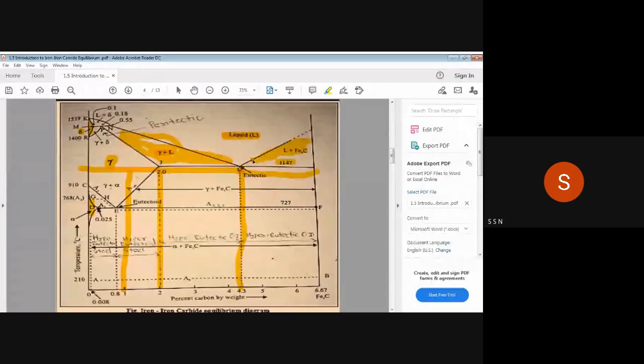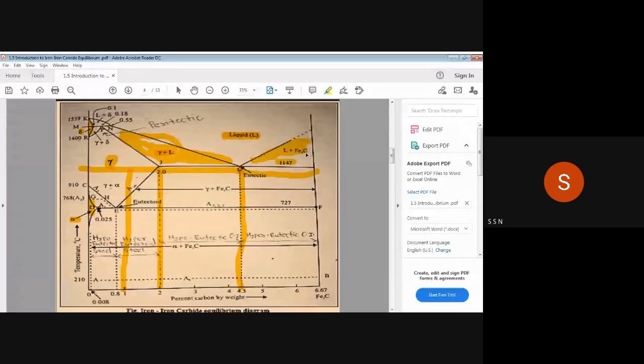Till now we have seen three solid phases, that is alpha ferrite, gamma austenite, delta ferrite, and one liquid phase, that is liquid L, the liquid phase of your alloy, and that alloy is iron and carbon. Now this Fe3C, iron carbide, is again under solid condition; it is also a solid phase or solid solution.